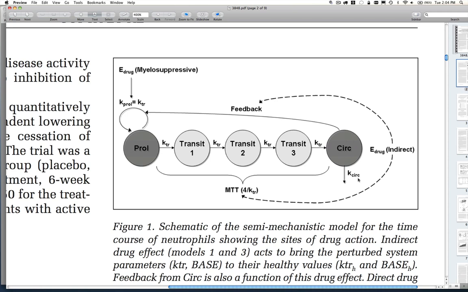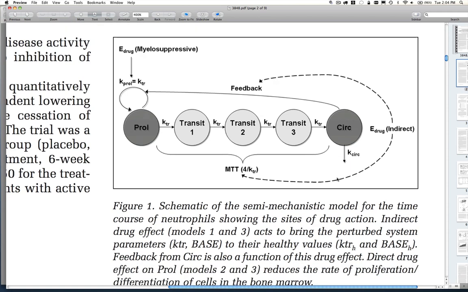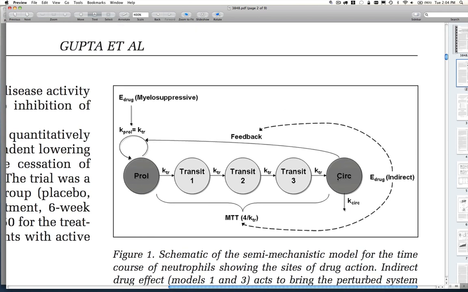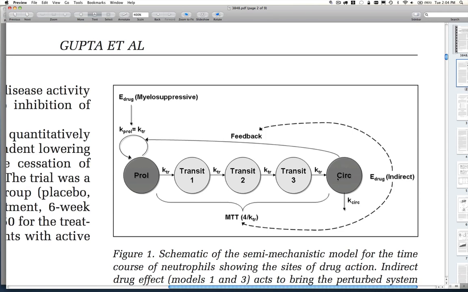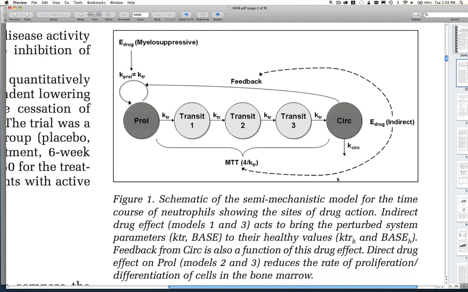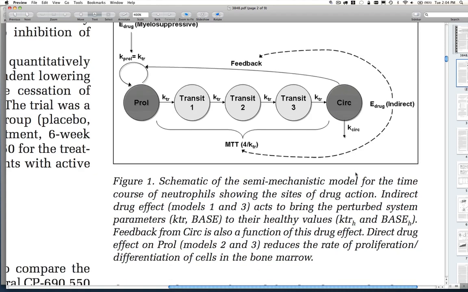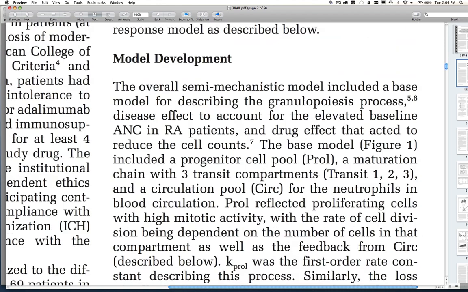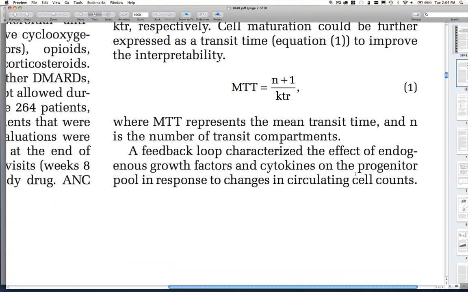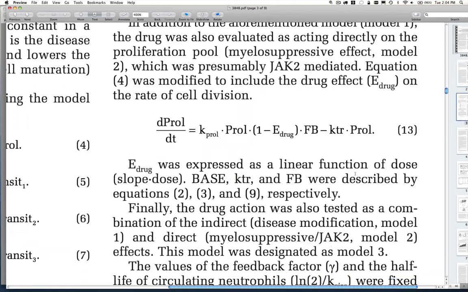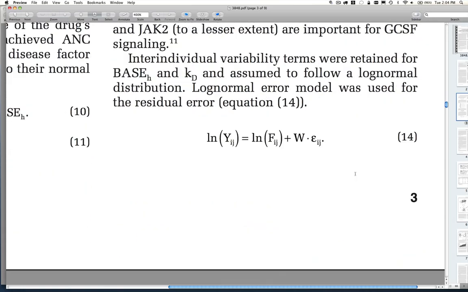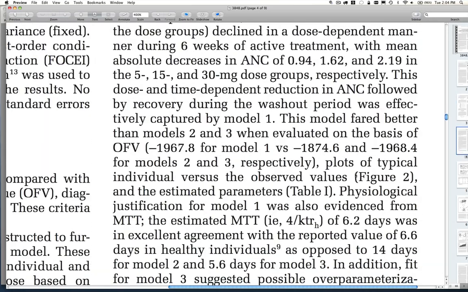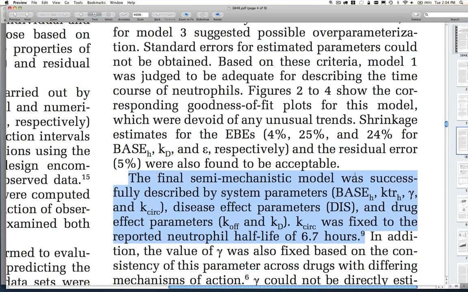If you believe that there's some difference, then I think what you need to do is fix this value. And in fact, this is the Gupta paper that I had referred to last week. If you go into this paper and actually look at how this model was parameterized, they ended up, scroll down here, fixing that removal term right here.